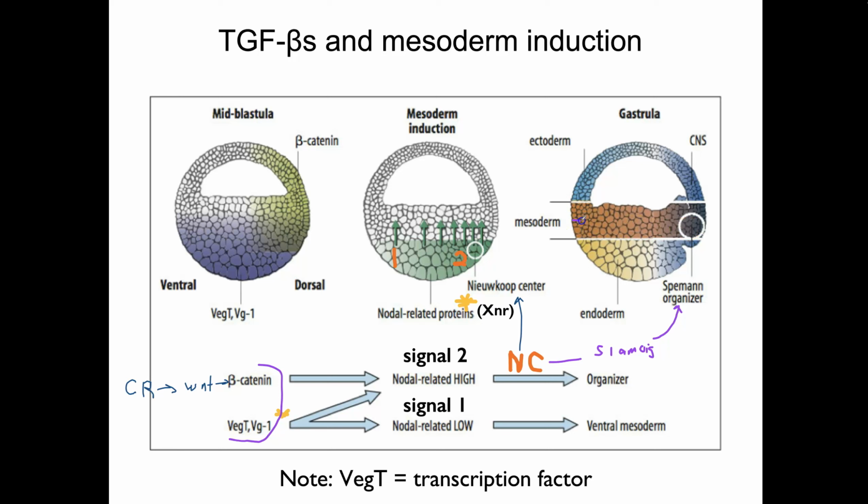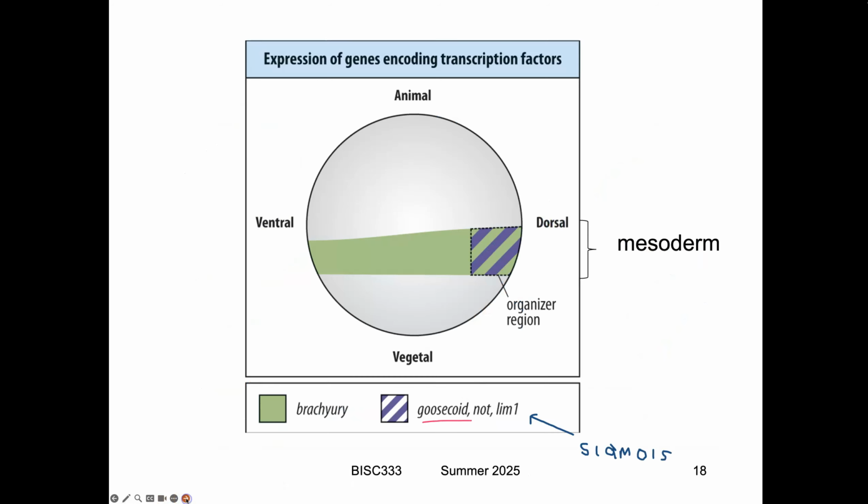The signals that have been generating a general ventral mesodermal fate are antagonized by multiple signals in this region, which leads to a gradient of more ventralizing signal here, less of it here, and none of it here where the organizer is. So when you have a diagram like this, you can hang on to it or print it out, and then add extra information to it as we go through the material, and then you'll have a more complete picture of how this stuff all works.